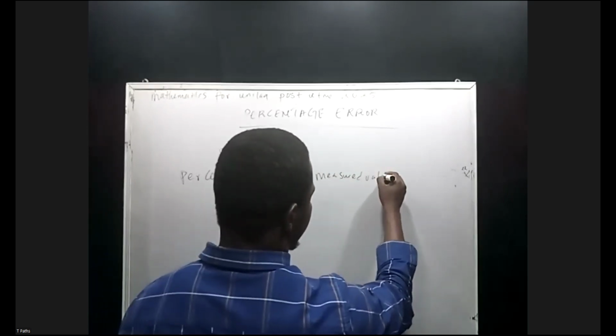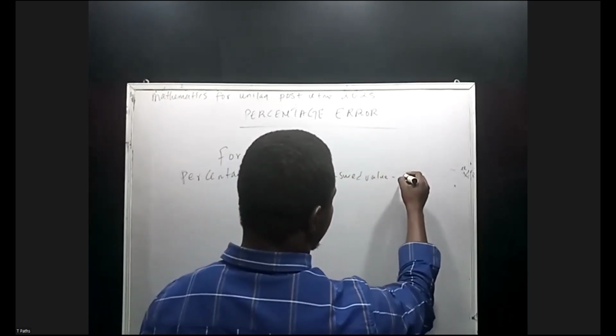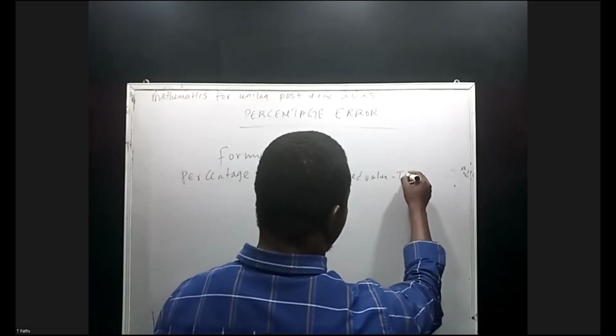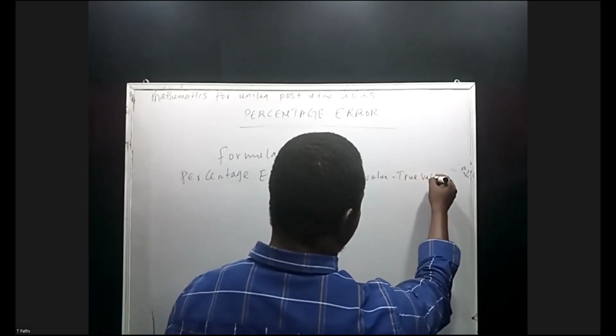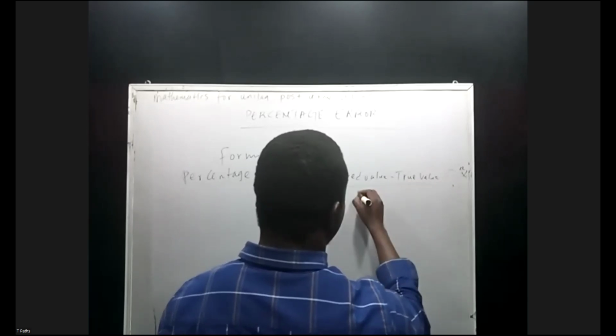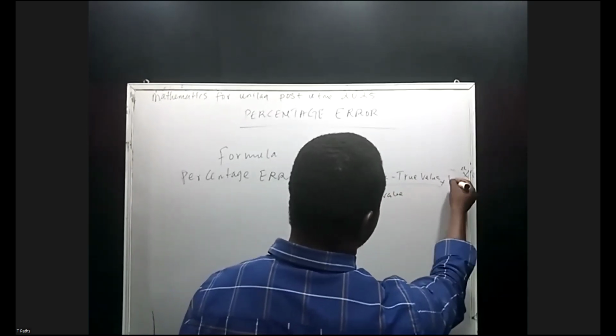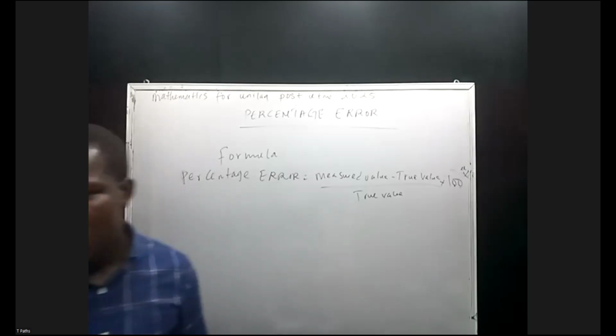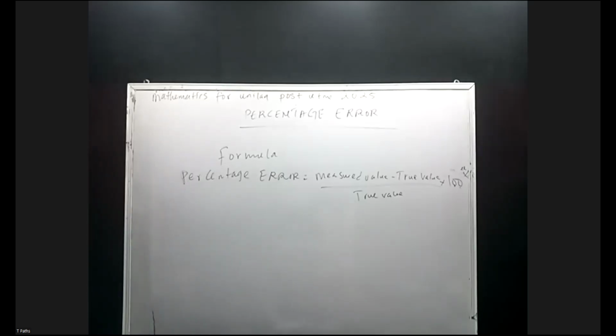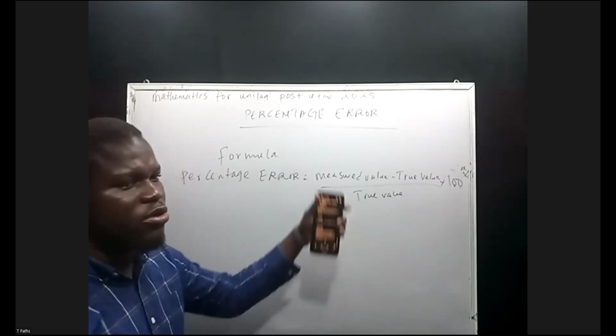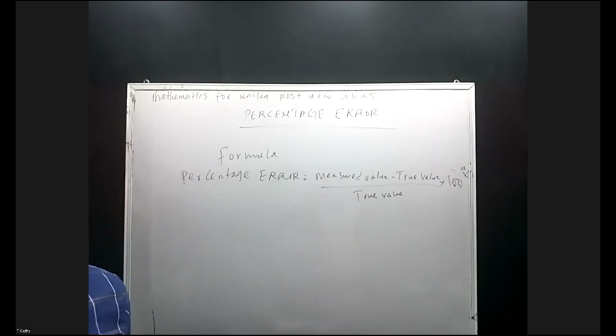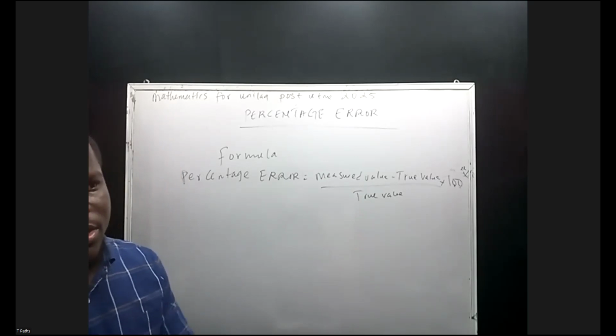Measured value minus true value over true value times 100. Now, this is like your tailor is measuring you, but he over-measures.